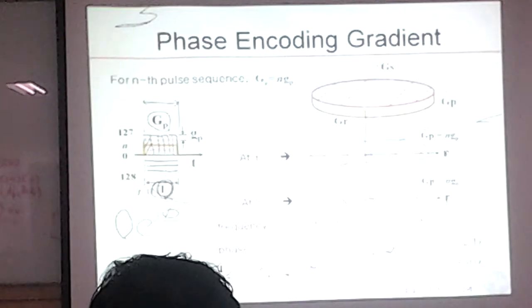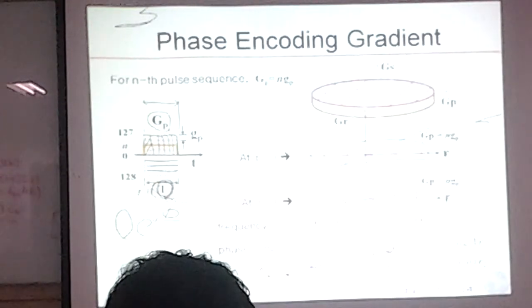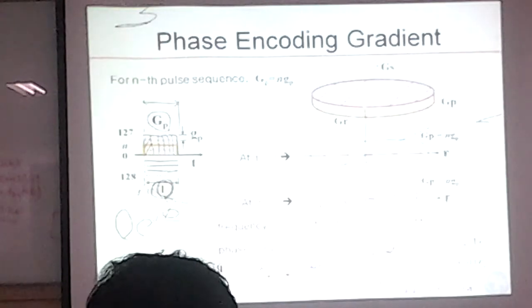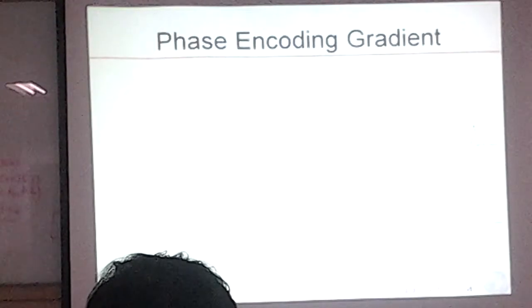So this phase is represented by the k variable and the position variable r. So the MR equation becomes simple, and it can easily be compared with the familiar Fourier transform equations.